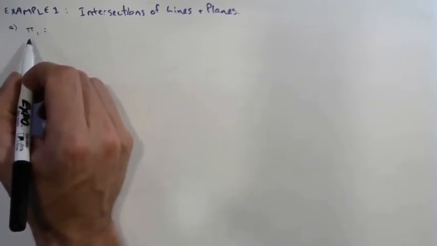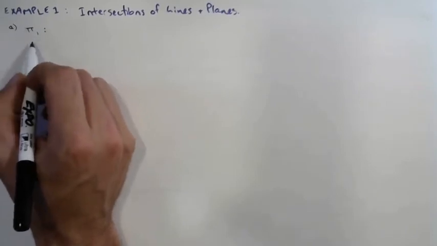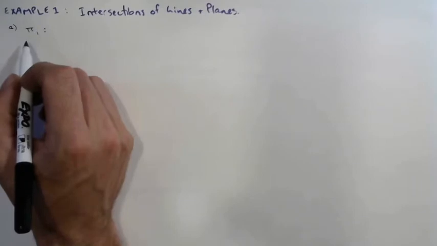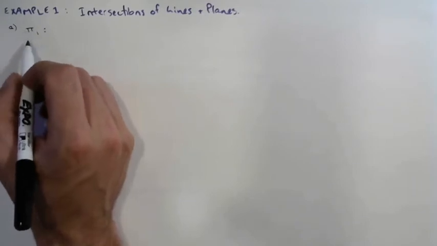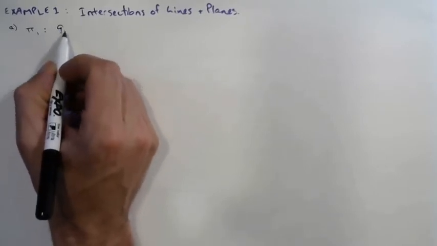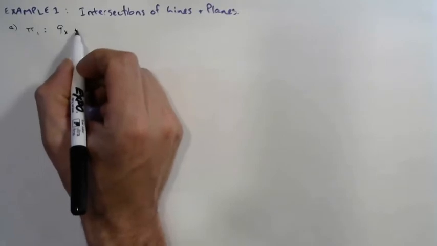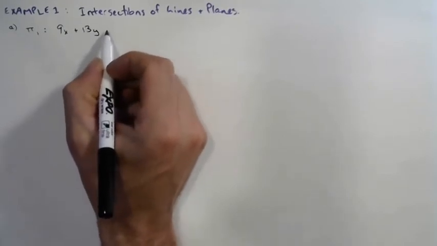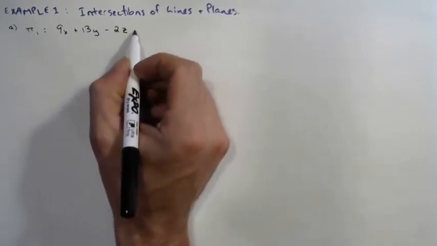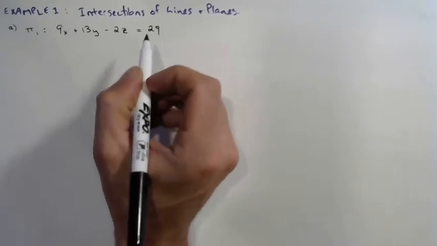That does not mean 3.14 and so on. It's the use of the pi symbol to represent just the word plane. So this is plane number 1. Plane number 1 is 9x plus 13y minus 2z equals 29.